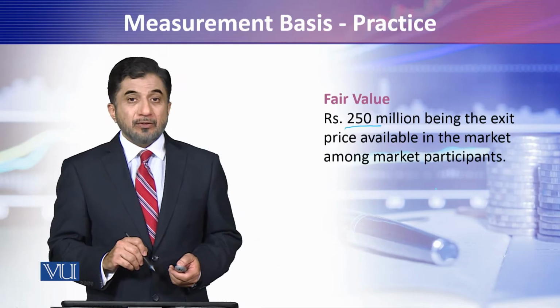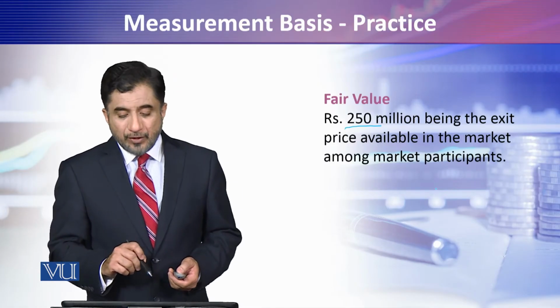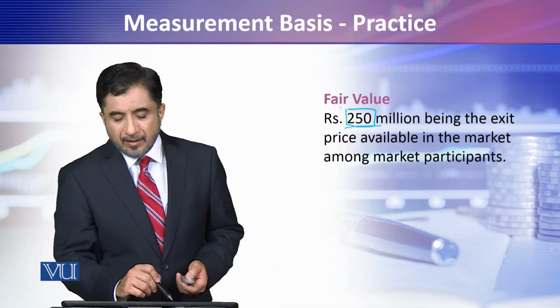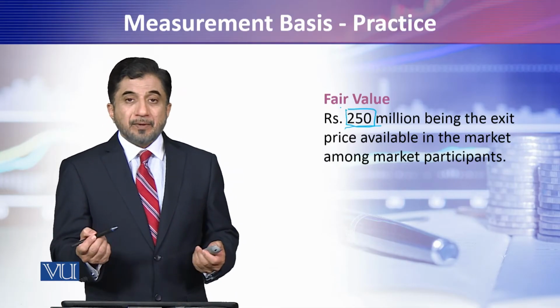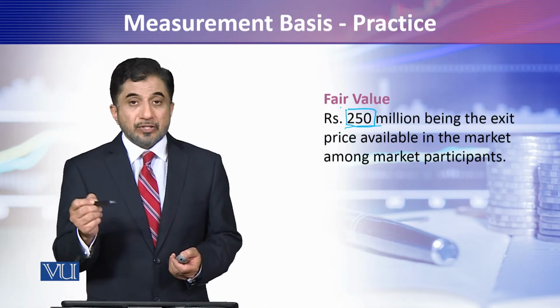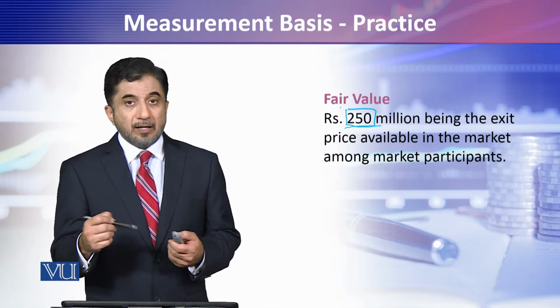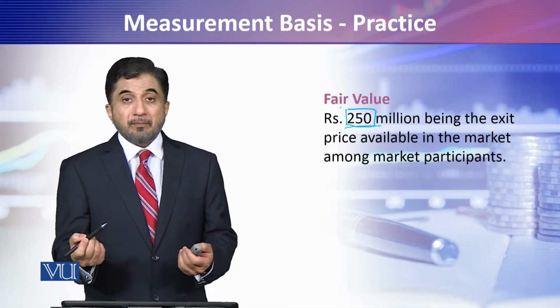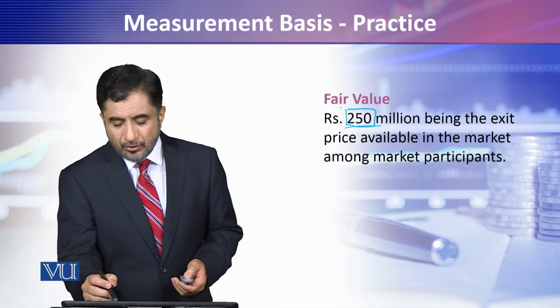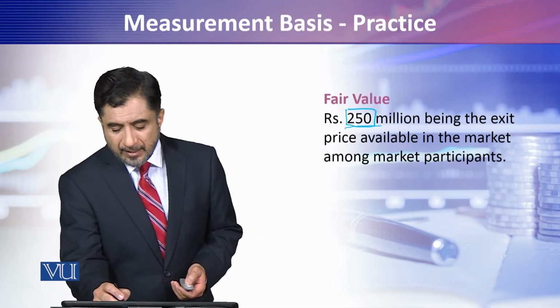Now let's see fair value. So fair value is in fact the exit price at which that farmhouse can be sold in the market. It is determined among market participants in an orderly transaction on the measurement date.